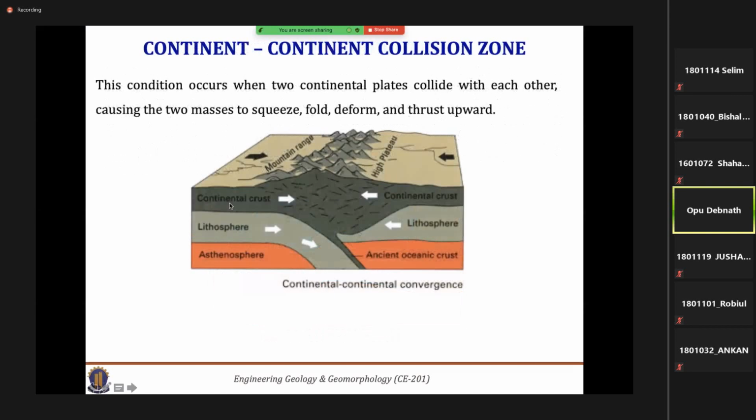The last one is the continent collision zone. In most cases, in mountain ranges, these types of collisions are found. The underlying layer, like the lithosphere, is moving. Due to the internal forces of Earth, the overlying soft layers are affected.